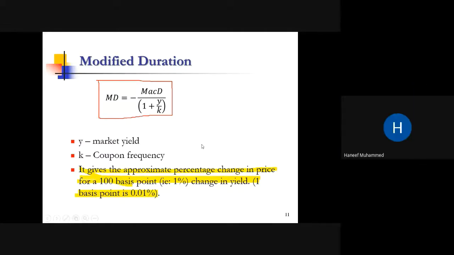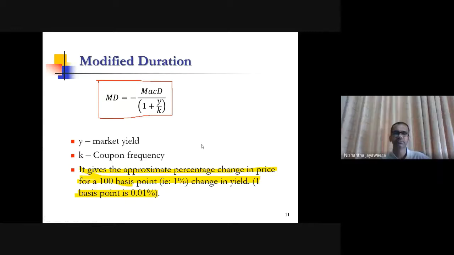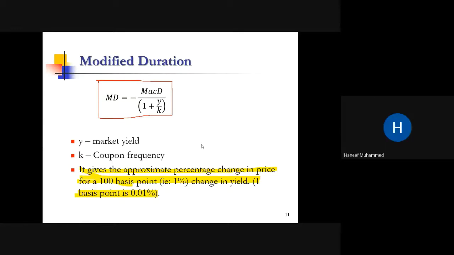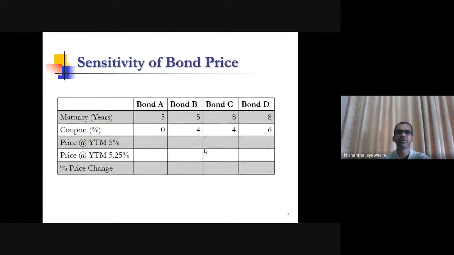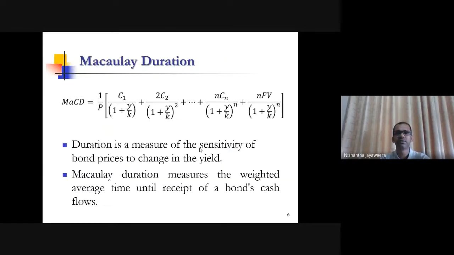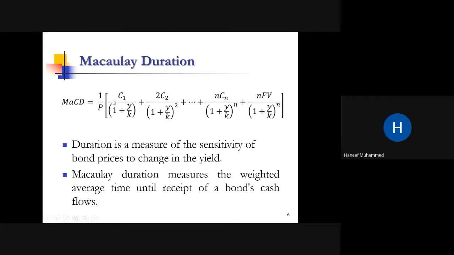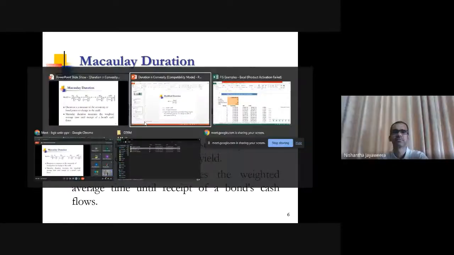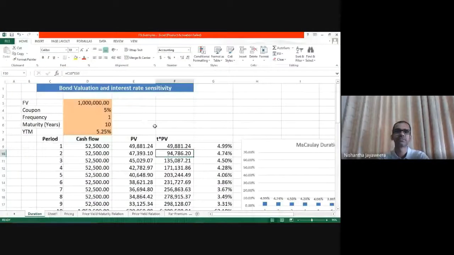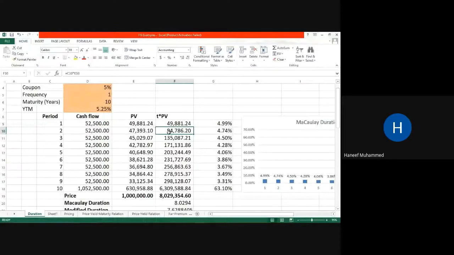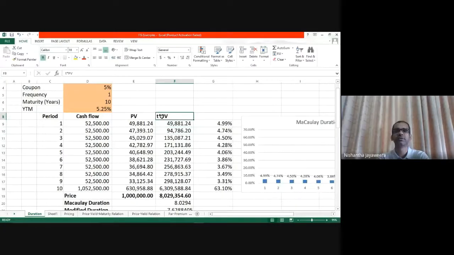In Macaulay's duration, is there any rationale that we multiply the present value by the cash flow number? If you go back to that calculation, in your Excel, in column F, based on the equation, T into PV.